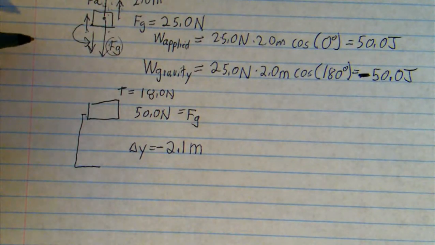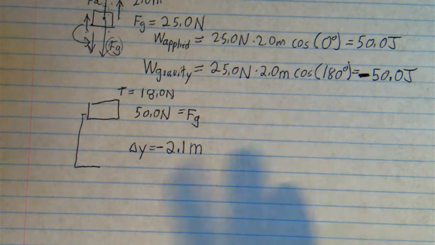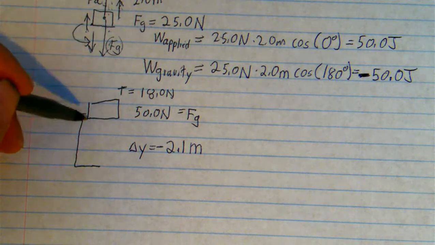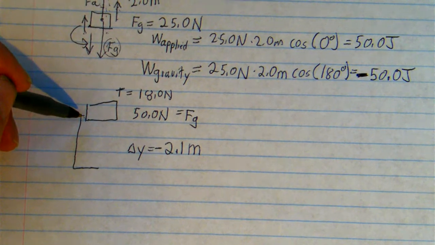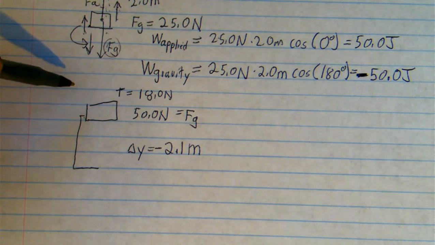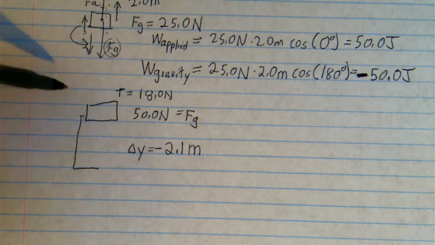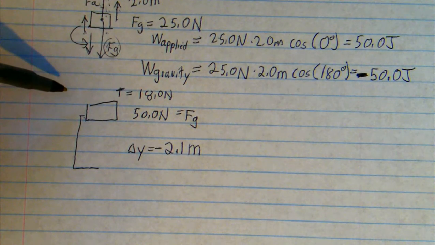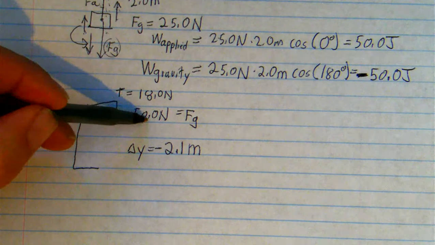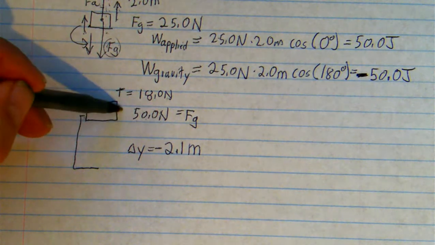Okay, I can ask you, well, what's going to happen? Yikes, this is a crazy situation, but it can happen. In fact, something like this might show up on your homework. So I have this 50 newton block, that's how much it weighs.